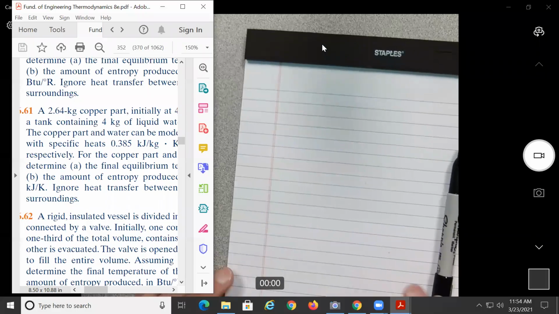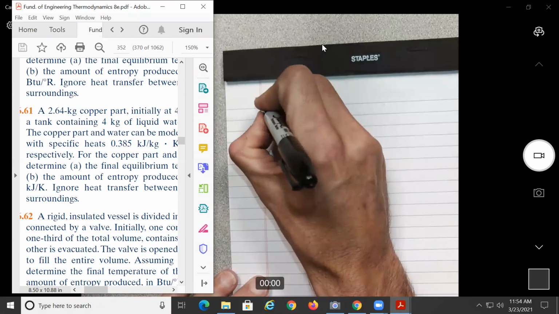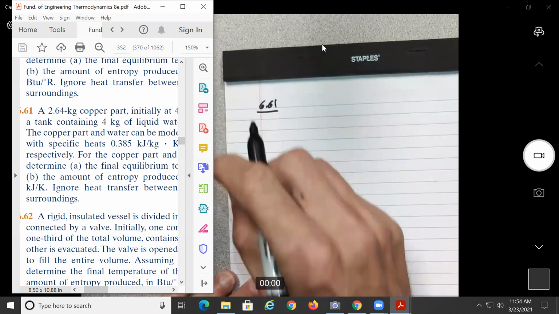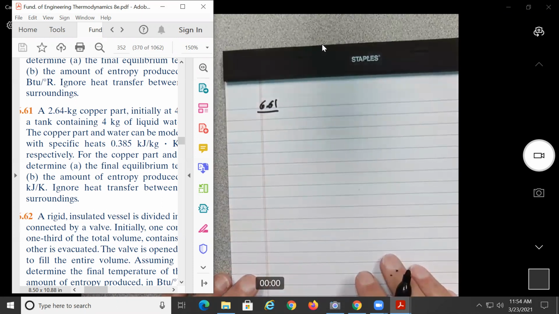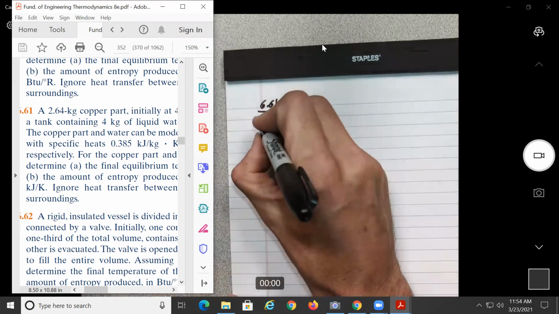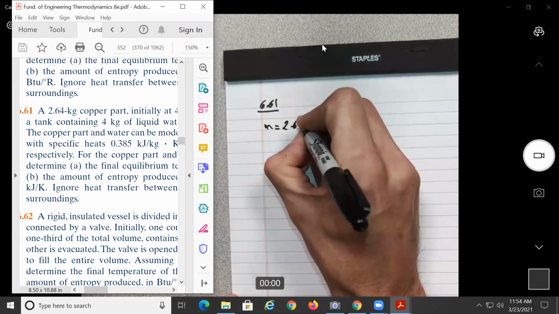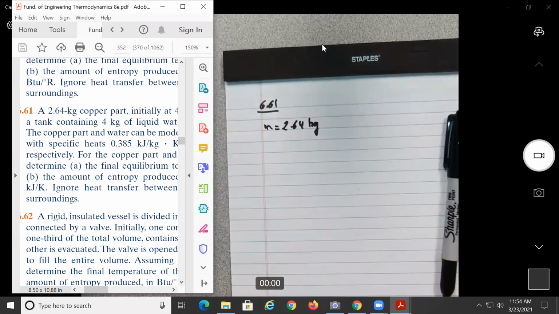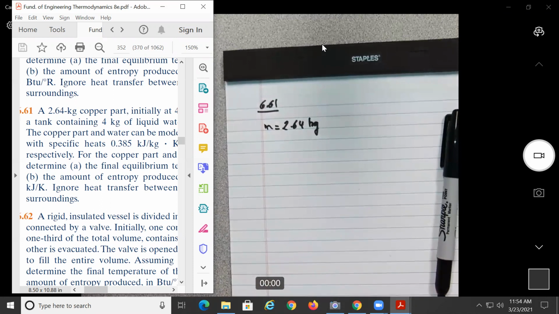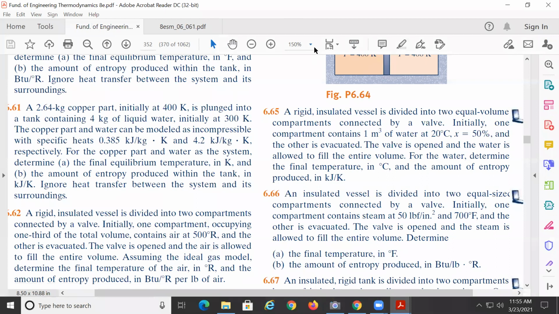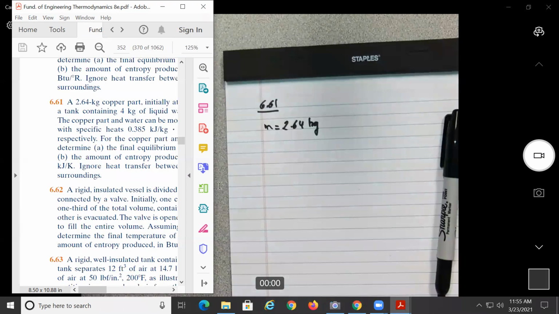Okay, so problem 6.61. What do we know? A 2.64 kilogram of copper. So let's say M will be 2.64 kilogram. Maybe let me try to do this here. Zoom 125. That way it might be easier.